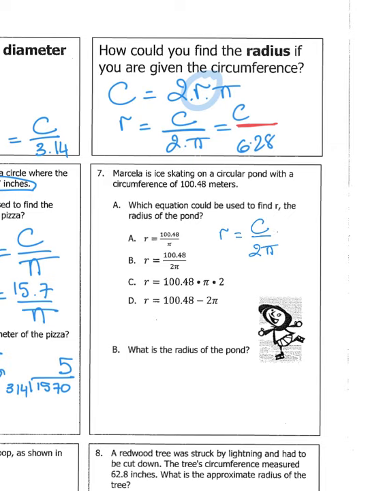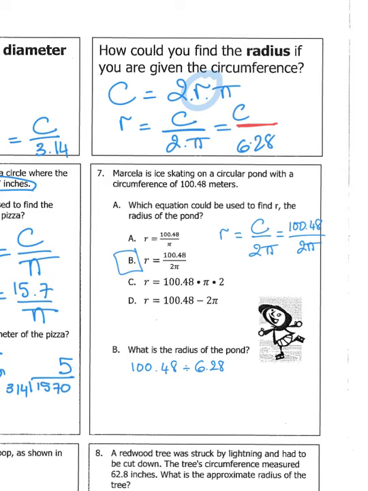So we will have 4,800 divided by 2 pi, which is B. So we're going to do 100.48 divided by 6.28, because 2 pi means 2 times 3.14.